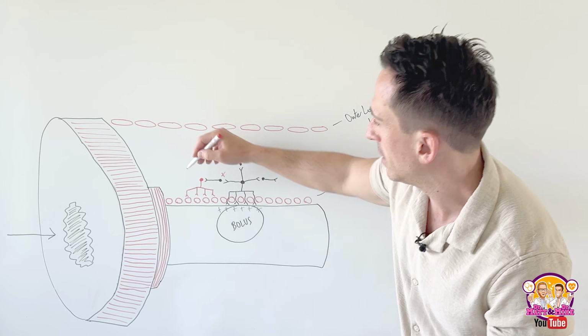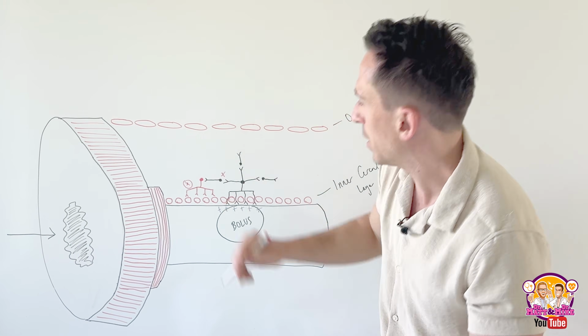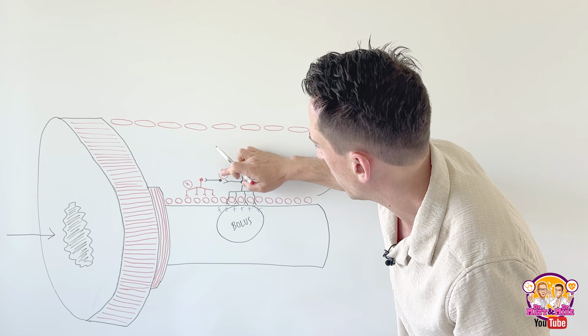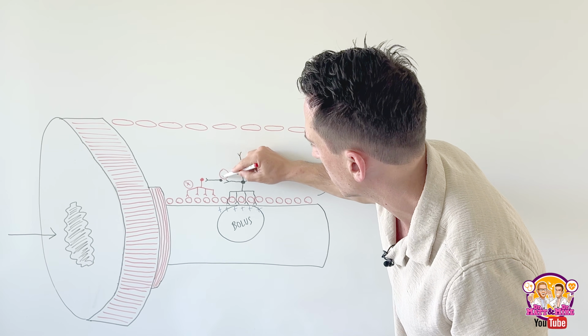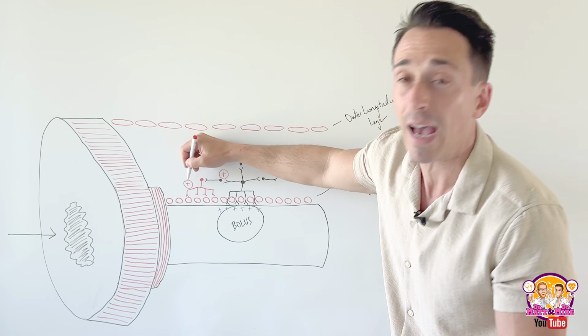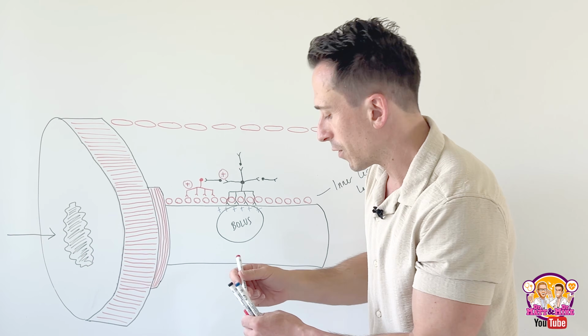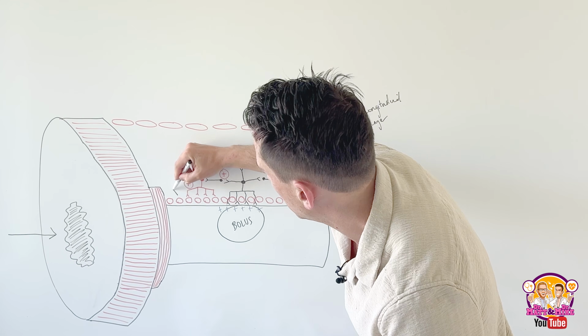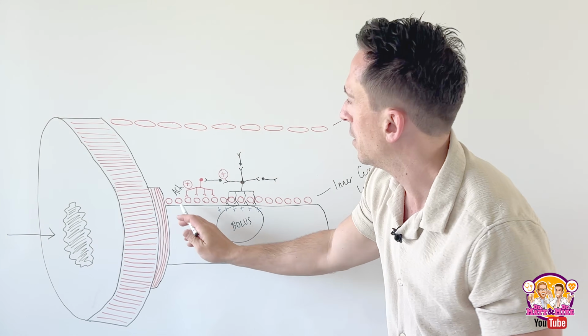It stimulates it. That's a plus, by the way. It might look like a cross, but that's a plus. Now, it stimulates it by releasing acetylcholine. So we've got acetylcholine getting released here, and that's stimulating this muscle to contract.